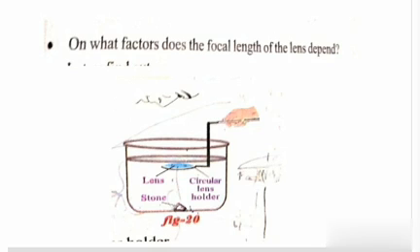Take the convex lens used in activity 2. In the previous activity we discussed ray diagrams for image formation by lenses, and when we change the position of the object we get different types of images.